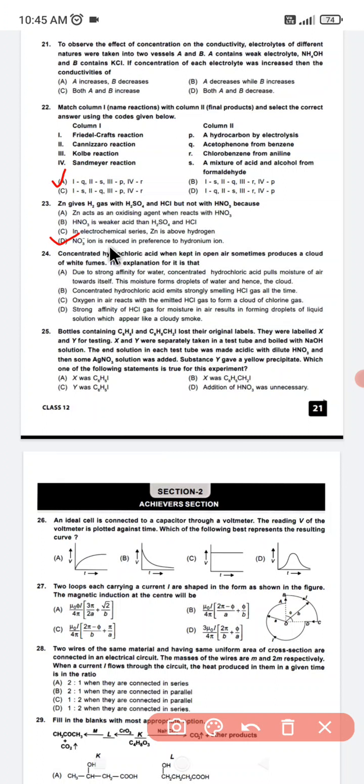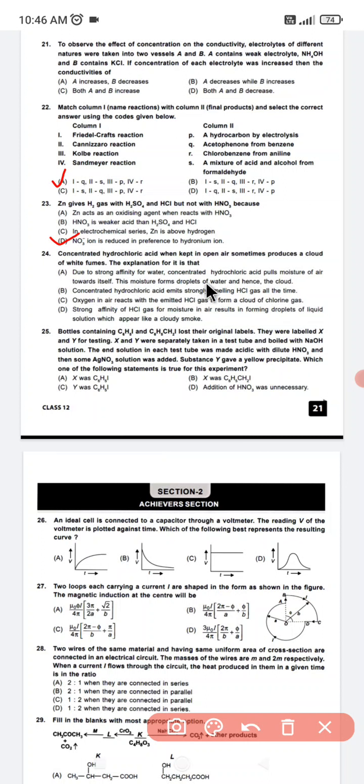After that, the next one we have is question 24. Concentrated hydrochloric acid when kept in open air sometimes produces a cloud of white fumes. The explanation for it is given under four options. Option A: due to strong affinity for water, concentrated hydrochloric acid pulls moisture of air towards itself.